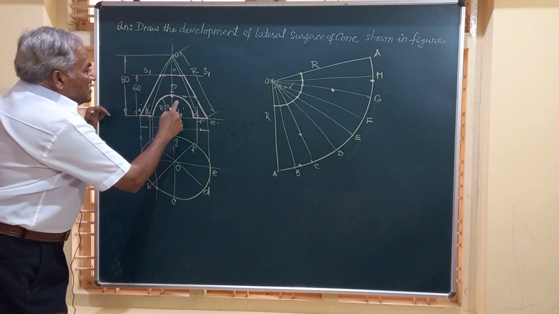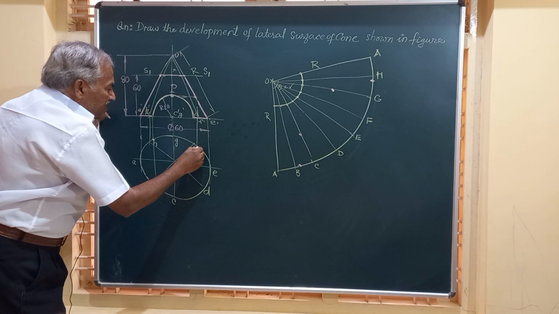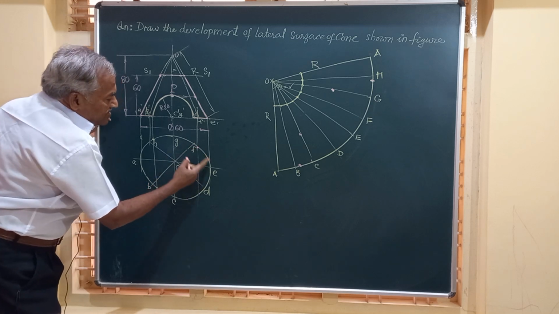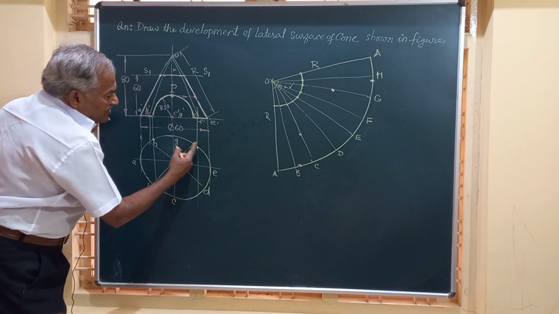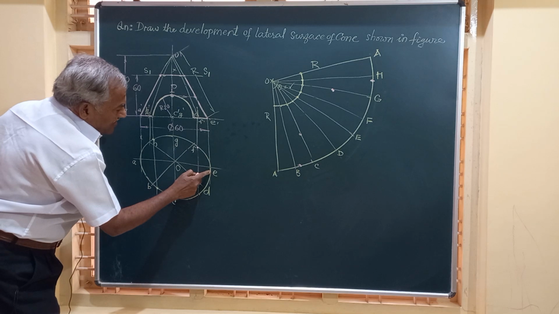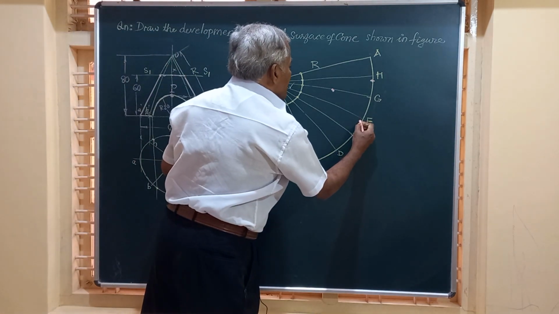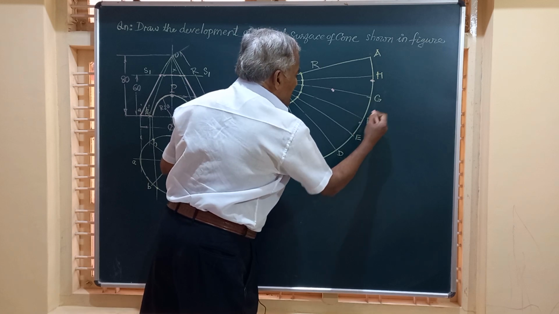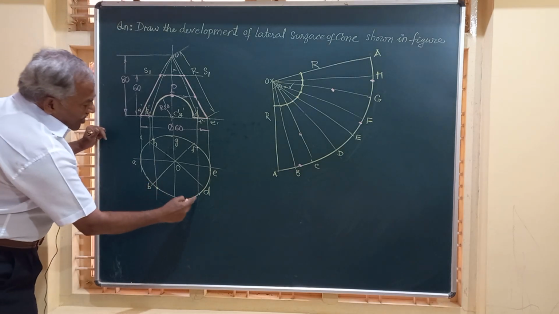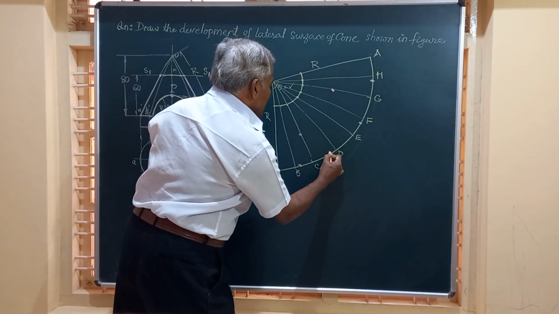Friends, it is not cutting this generator, but it is cutting the base here. To know exactly where it is cutting, same procedure: it is cutting the base on this portion FE and also on portion CD. On FE, nearer to F. It is cut here. And similarly, on CD nearer to D.